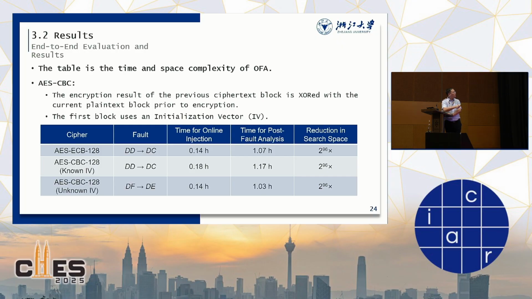Meanwhile, we also explore a different mode, CBC mode. There are some slight differences between the modes, because sometimes it has an initial value and sometimes it is without an initial value. We discuss the details in the paper.